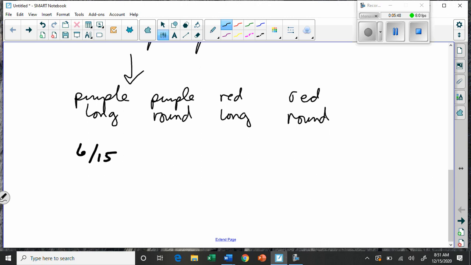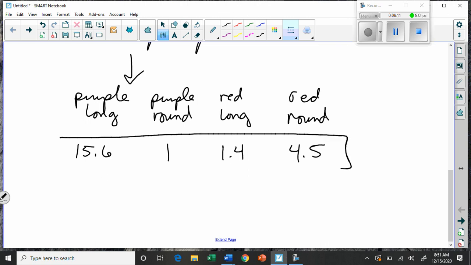And let's say we find, actually, sorry, I'm reading it wrong. Let me get this, here we go. Well, we find a 15.6, it wasn't a ratio, just a number. Then we get 1 like this, we get 1.4 like this, and 4.5, right? On average, these are the average outcomes. And they don't fit the Punnett square that would be resulted from these crosses. So they don't match.